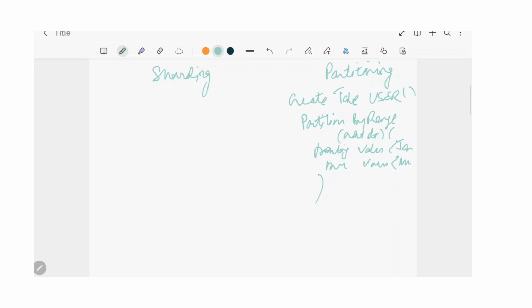Now what happens when we write a query? Suppose we select star from user db, and whenever we give where and the partition key, here the date, so creation date greater than March.